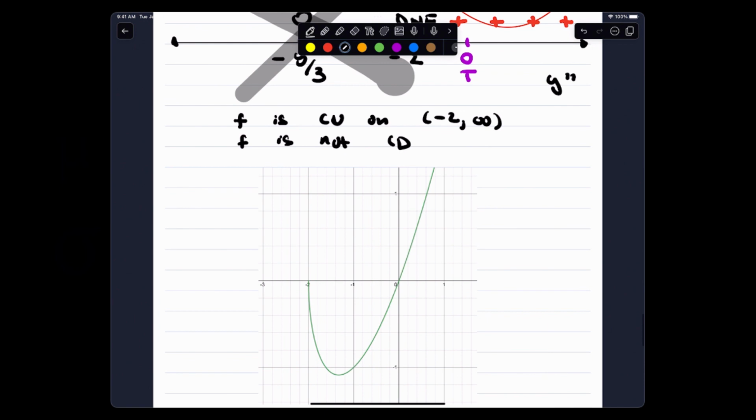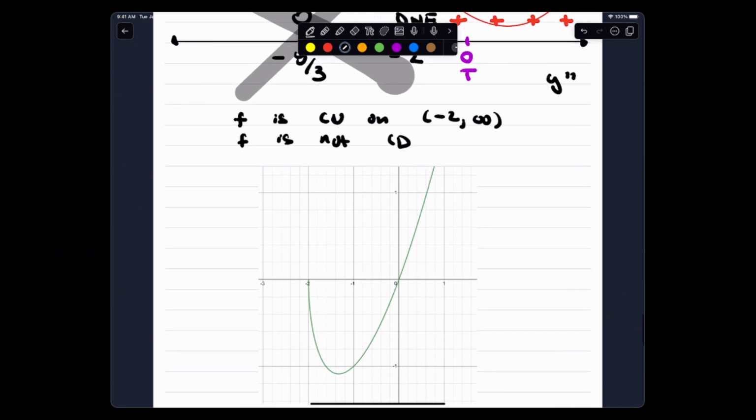Is it true that this curve is concave up from -2 to infinity? You guys see my point? So what they're saying is this thing holds what? Holds water. You're holding water, concave up.